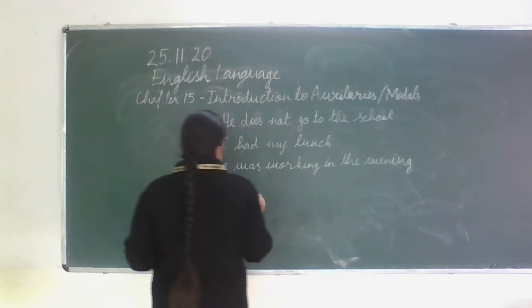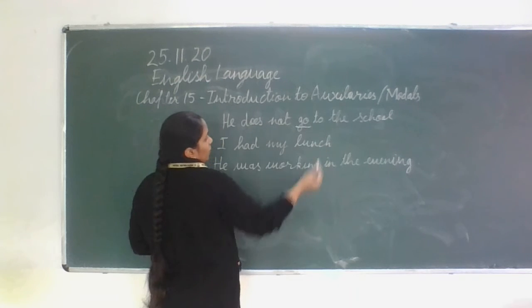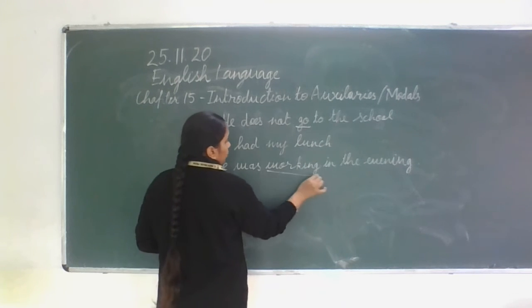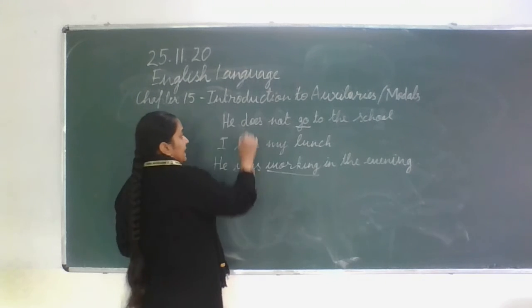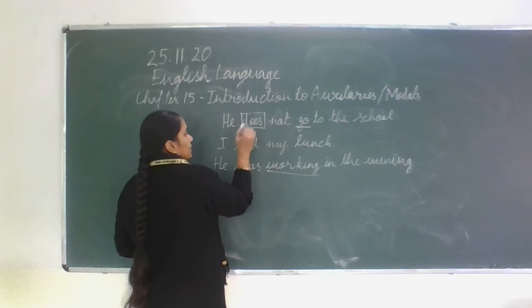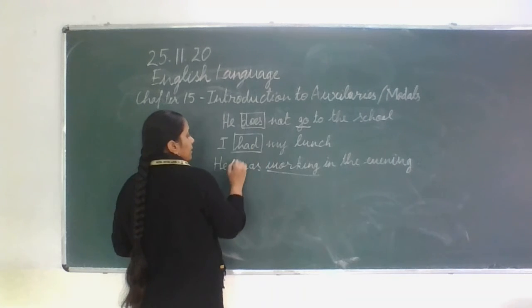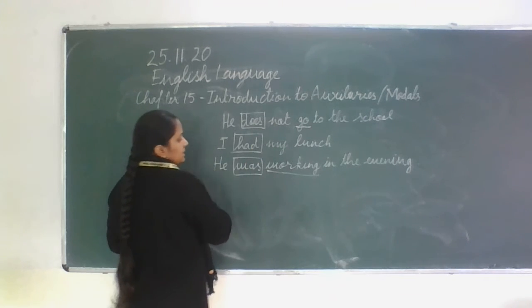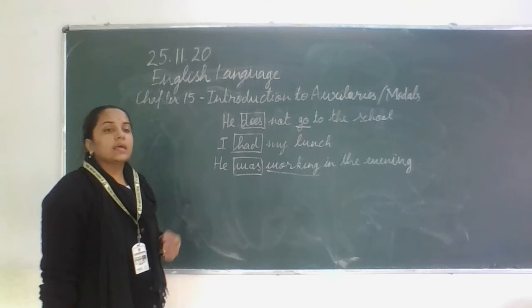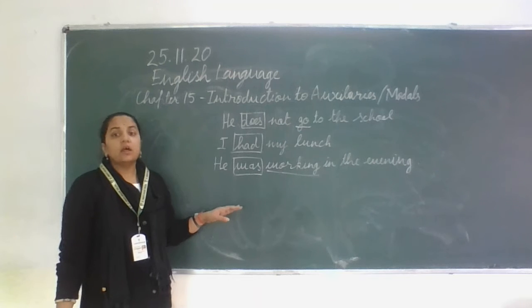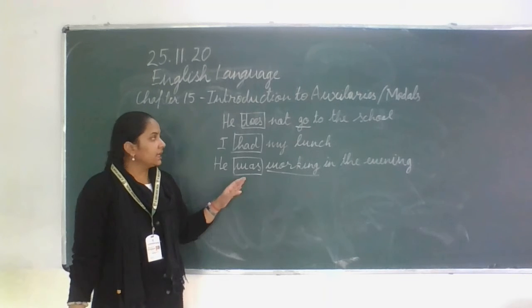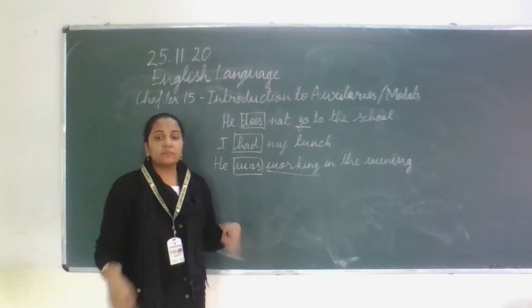So here in these sentences, go is the main verb. Here, working is the main verb of the sentence. While does, have, and was are the helping verbs, or you can say these are the auxiliary verbs in these sentences.